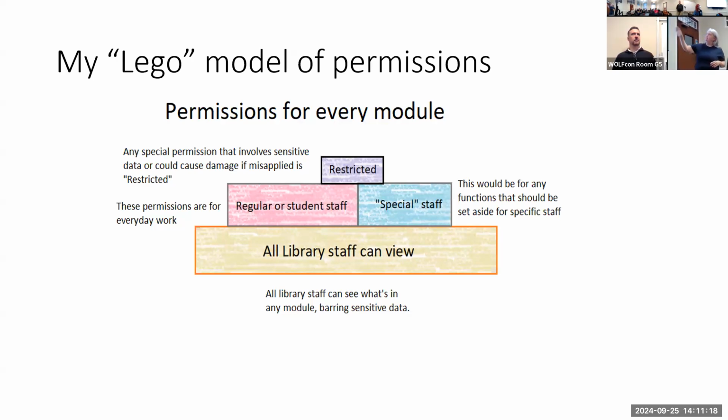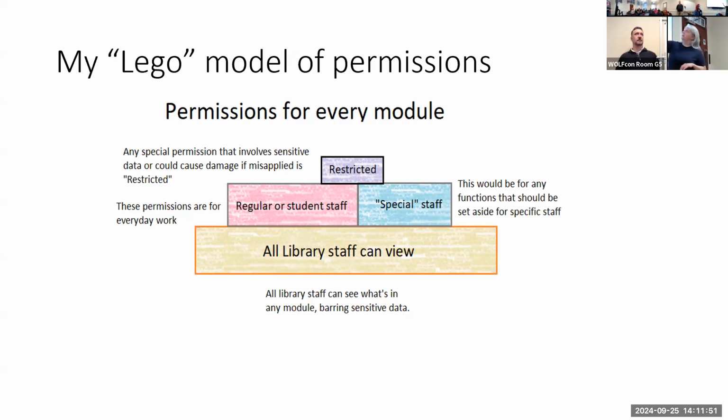And then we would have the things for general work, regular or student staff, and what I, in my advanced years, now refer to as the grown-ups, the people who are maybe supervisory. And then there's the restricted permissions that apply only to the people who really, really need to know.